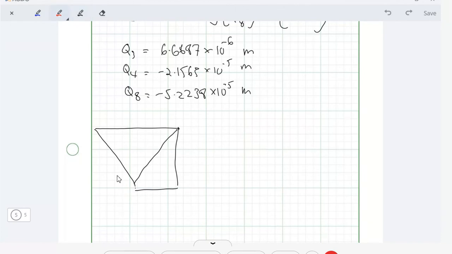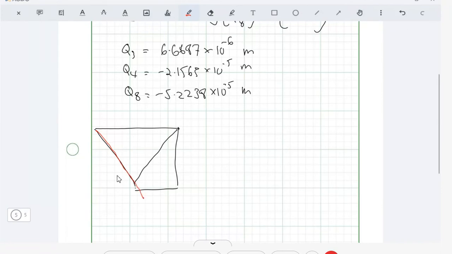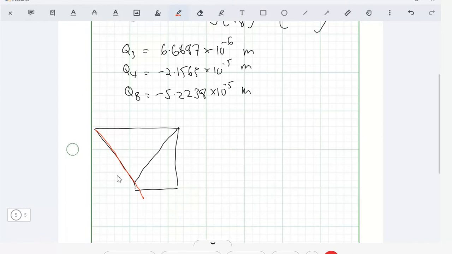Q3 moves to the right hand side, but Q4 is going downwards. So from this point to this point is positive, but from this point to this point is negative, and Q8 was originally here, so it moved to maybe this point here. So this is the deformed shape.